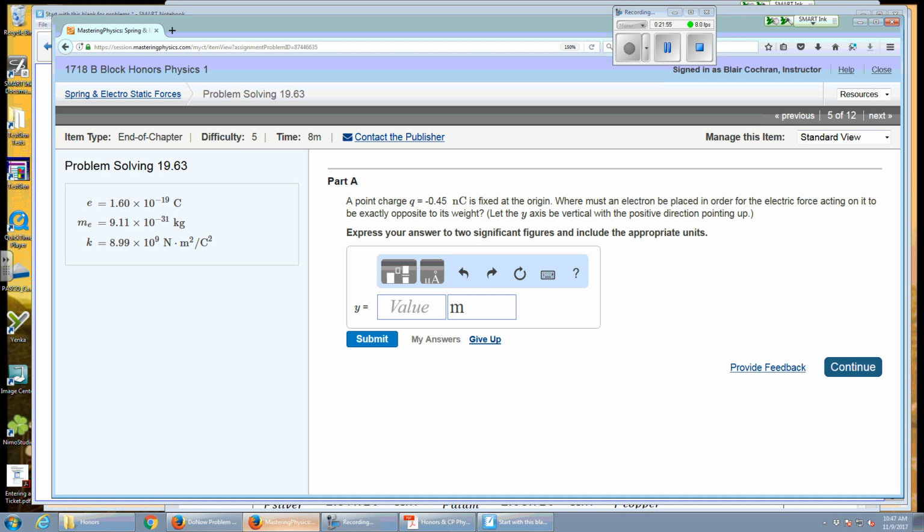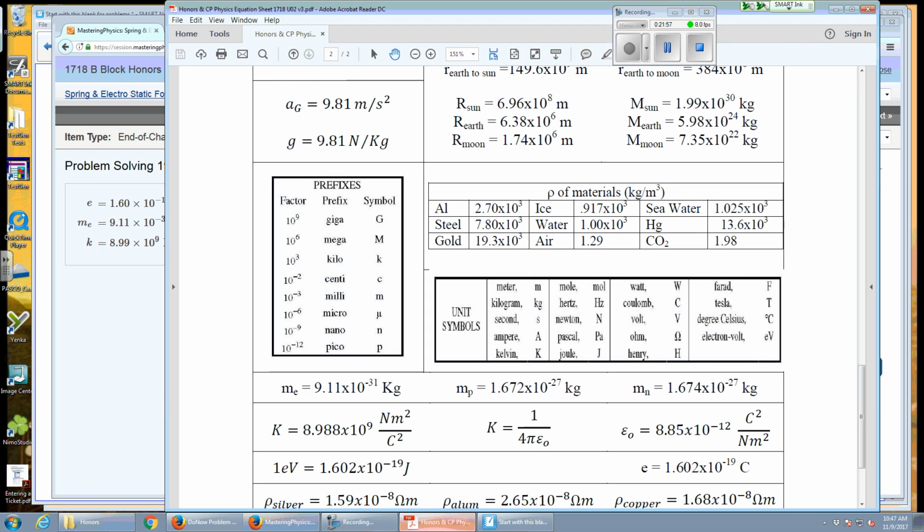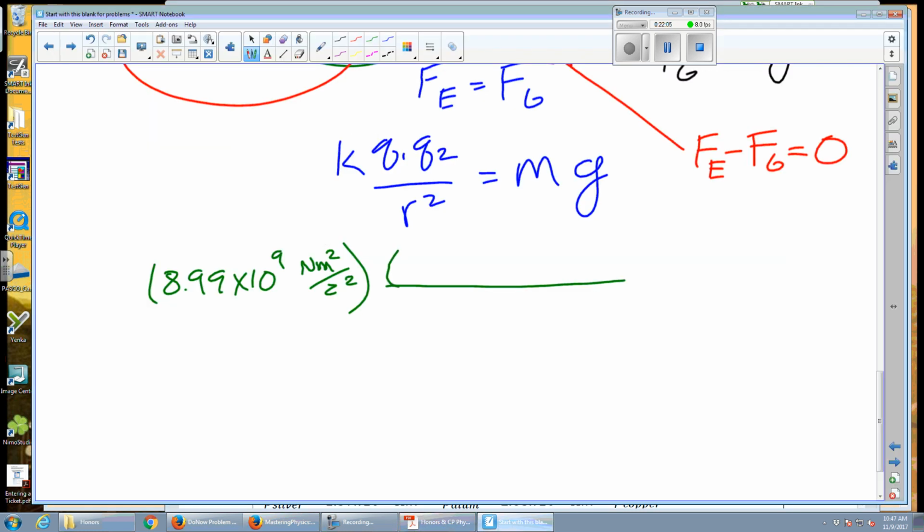So I better look at the best sheet in the world: nano is 10 to the minus 9. So I better make sure that I put in 0.45 times 10 to the minus 9, and so I get coulombs, because my constant is in coulombs. Unless I want to do a lot of converting afterwards, it'd be nice to have my charges in coulombs.